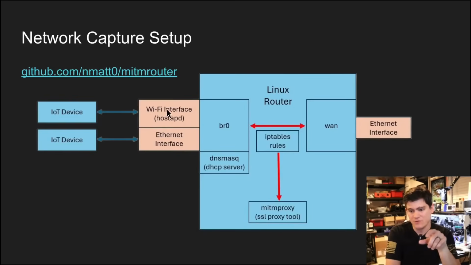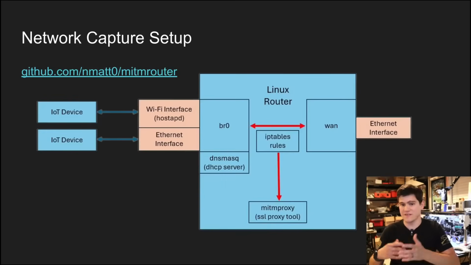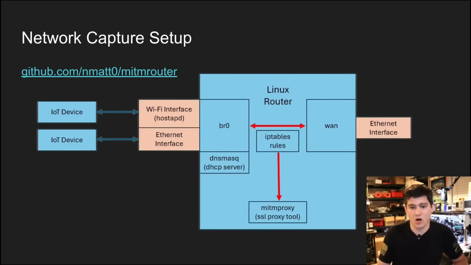So first thing we have here is this application hostapd. This is an open source tool. Actually, probably most Wi-Fi routers out there use this tool under the hood to host Wi-Fi access points. And so we are using the same tool that so many routers out there use to spin up a wireless access point, because many enterprise IoT devices are wireless based.